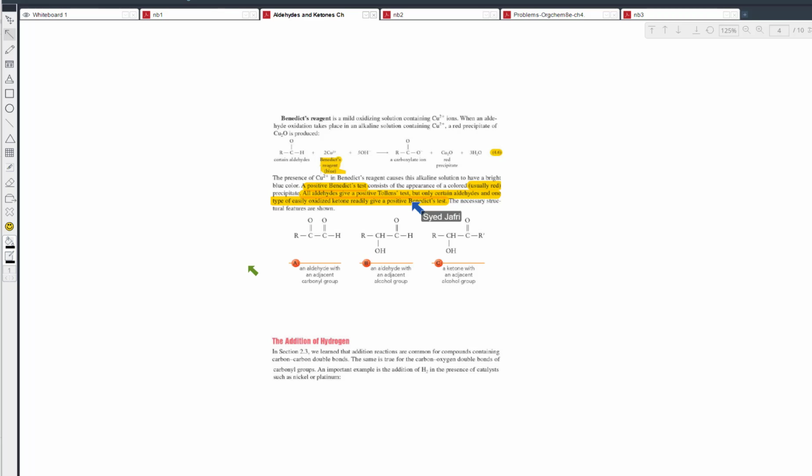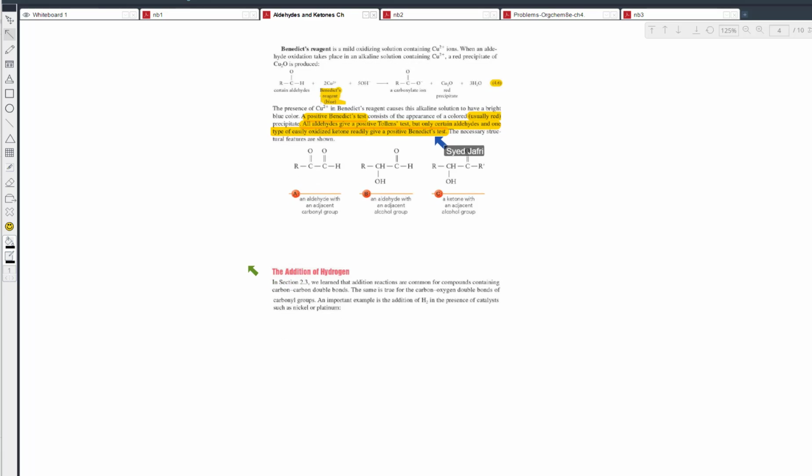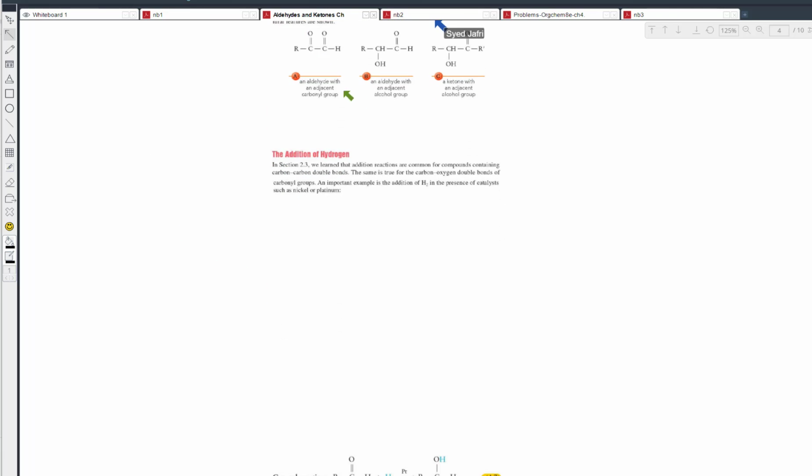But only a few types with the necessary structure, like an aldehyde with an adjacent alcohol group, or a ketone with an adjacent alcohol group, can give that Benedict reaction. Not all of them. So that's why Tollens is the most common.